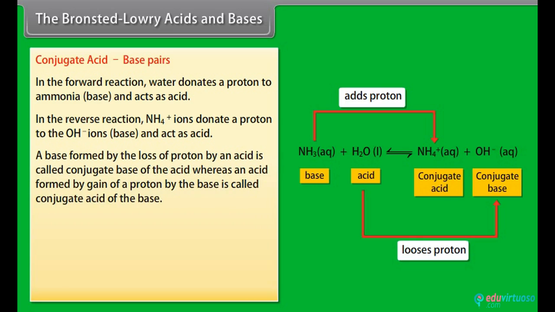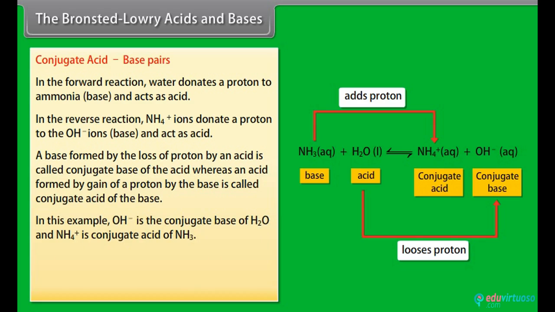A base formed by the loss of proton by an acid is called conjugate base of the acid, whereas an acid formed by gain of a proton by the base is called conjugate acid of the base.